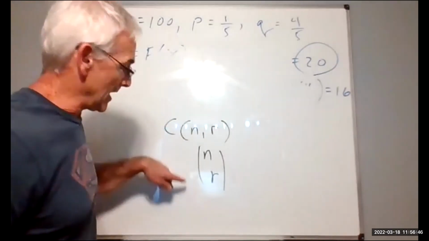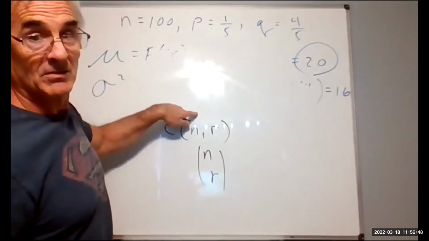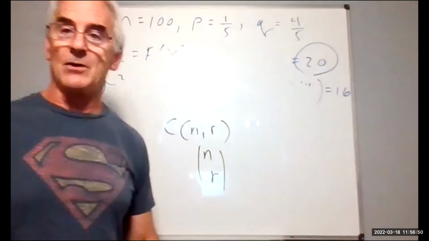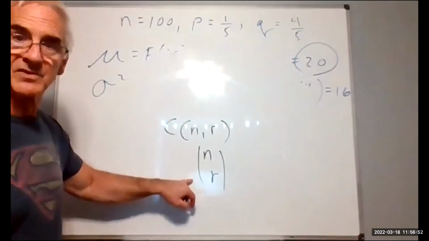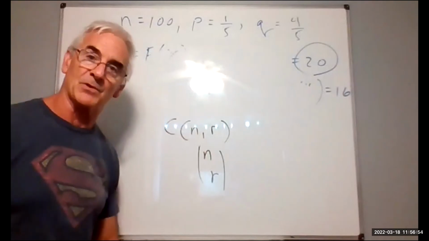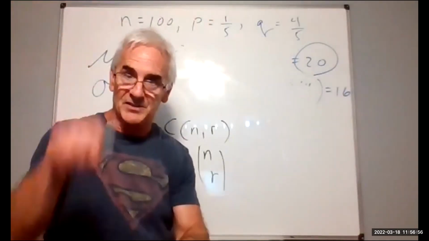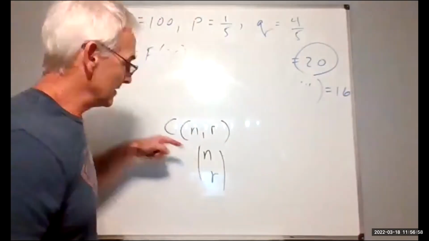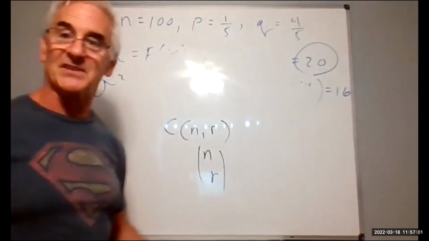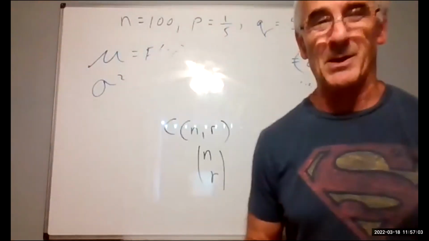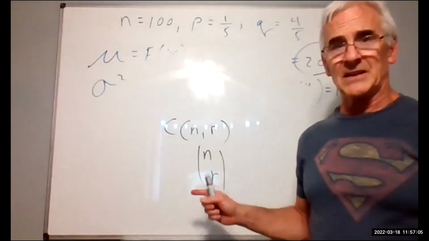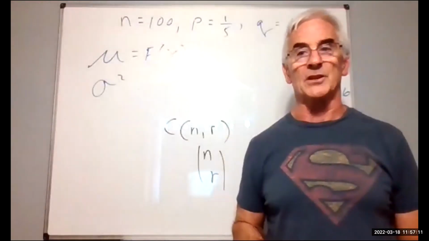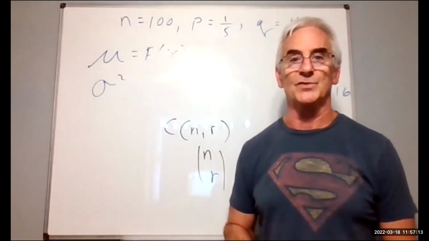So on the formula sheet, I wrote this, but that's the same as this. It's exactly the same thing. In my calculus classes and stuff, I'll use this notation, but they mean exactly the same thing. So when you see the parentheses and the n and the r in that formula, just go ahead and write the big C in there, because that's all it is. Okay, is everybody cool with that? And the textbooks can write the formulas differently, right? I said, if you want to write on the formula sheet, by all means do so.